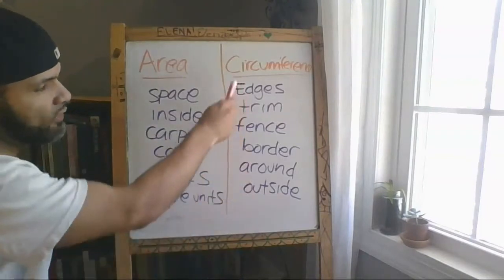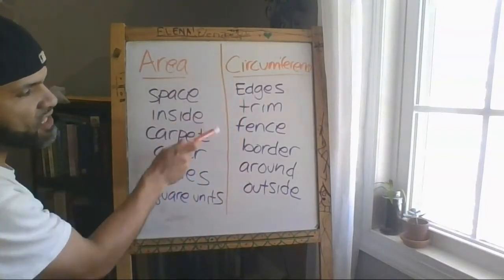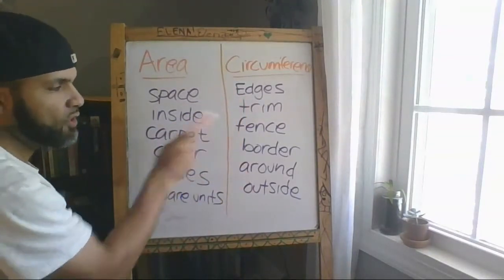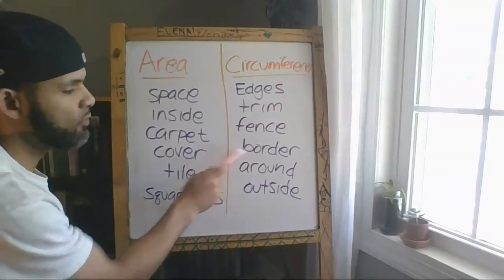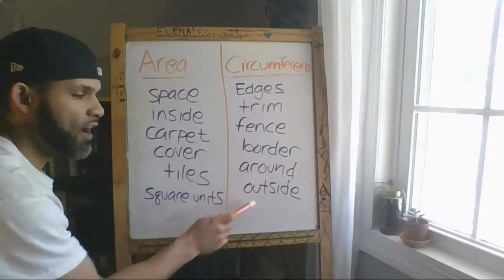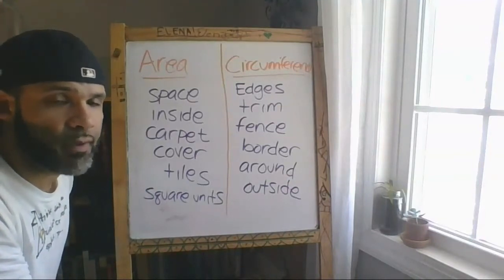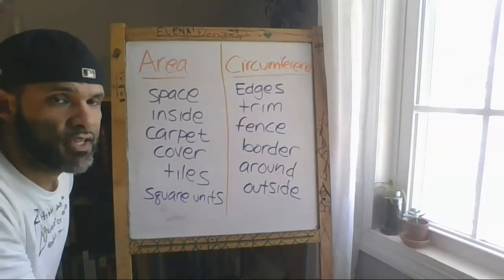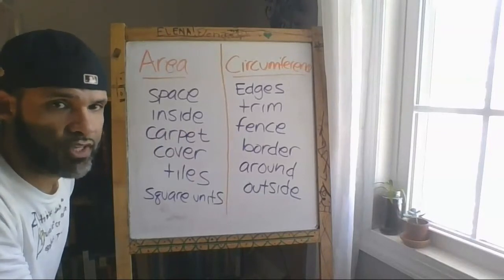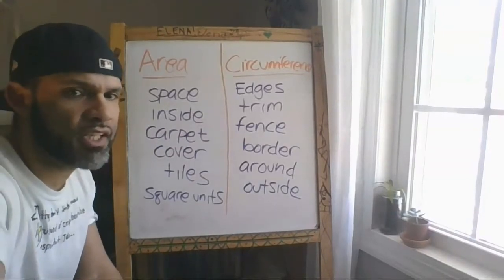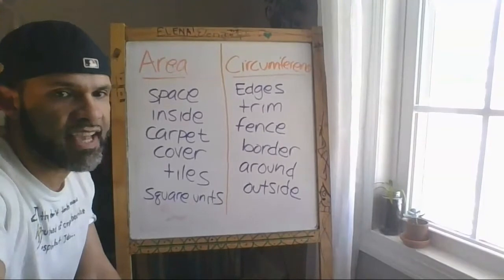Whereas if you're reading the word problem and you see things like edges, trim, you need to find out how much fence you need, how much border, it's going around, it's on the outside, those are all things that should tell you, okay, I need to find the circumference in order to answer this question. So that's really what we're going to be working on today.